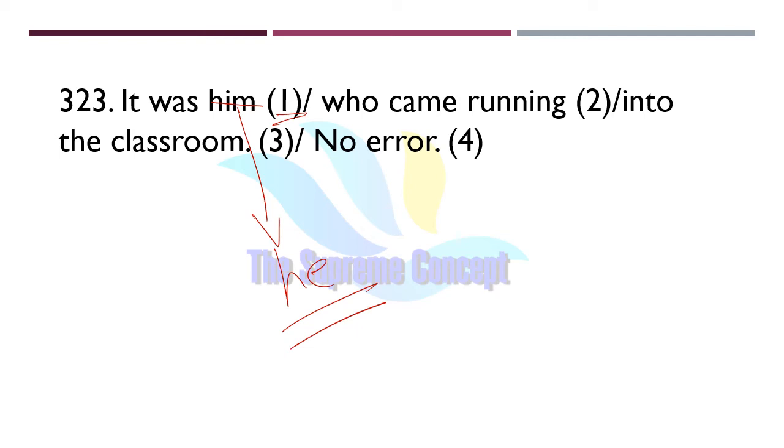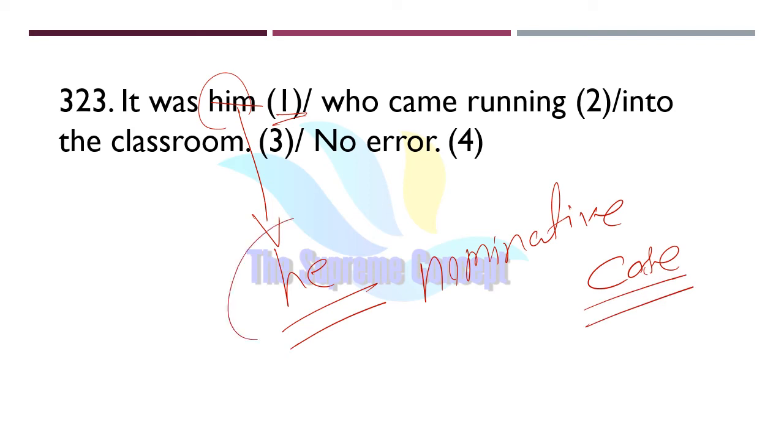All right, so this form, that is him, is the objective form here. Okay, it is totally wrong here. So whenever we consider a subject in a sentence, it must be in the nominative case. That is the subjective case. So we will use he here instead of him. Okay, so it was he who came running into the classroom is the correct answer here.